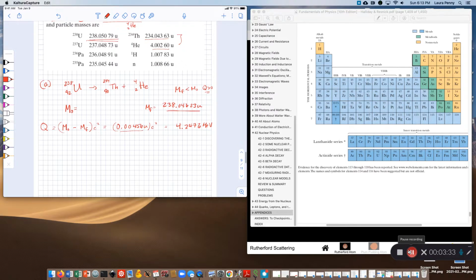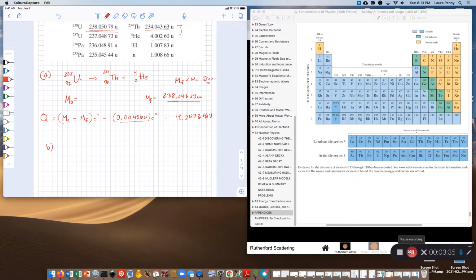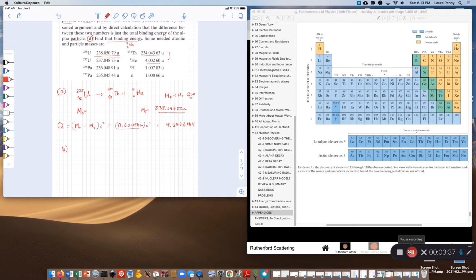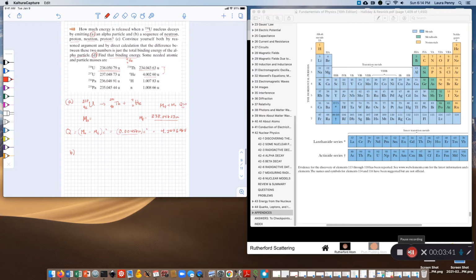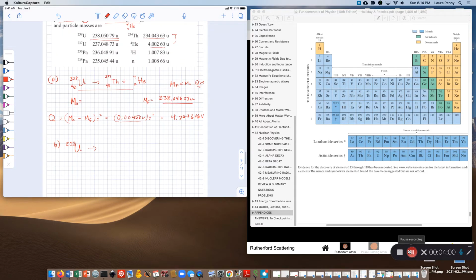I'm just going to do the reactions that happen for part B, and then you can do the math yourself. If they say that instead of doing this decay, we're going to have 238 decay and release a neutron, then it's still going to be uranium afterwards.